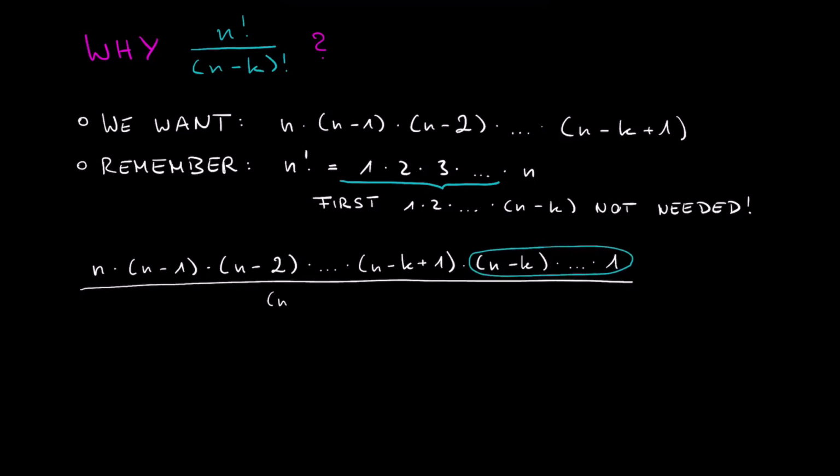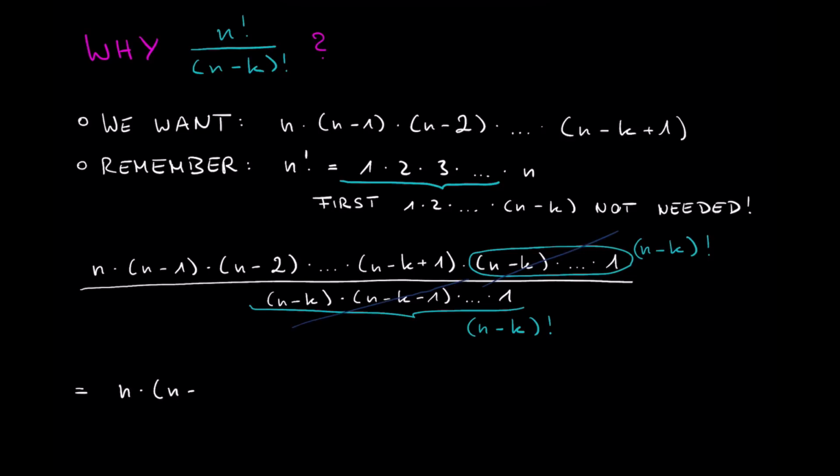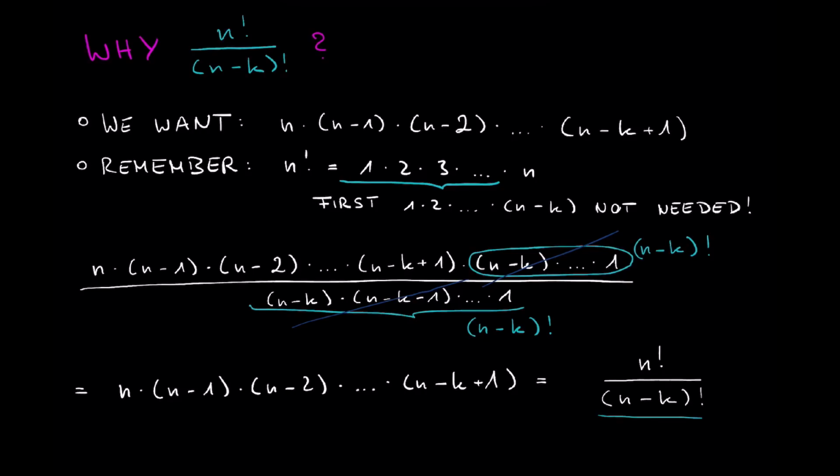The part that is not needed is exactly n minus k factorial, since it contains all multipliers from 1 to n minus k. This gives us exactly the term that we want in a nice closed form, which is n factorial divided by n minus k factorial. You can use this to obtain the possible number of outcomes of a counting experiment without replacement for n objects and k samples.